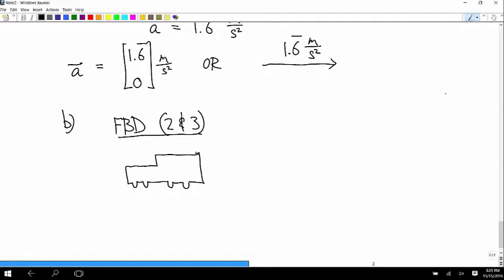There's a weight force acting down. This time our system has a mass of 5 kilograms. So the weight is 5 times 9.81, 49.05. There's a pushing contact up on the wheels. That's not the same normal as it was before, because this is only on 2 of the wheels of 2 of these carts. I'm going to call this N23.